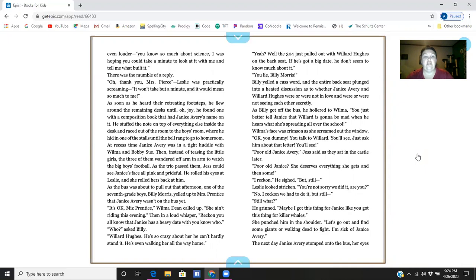At recess time, Janice Avery was in a tight huddle with Wilma and Bobby Sue. Then, instead of teasing the little girls, the three of them wandered off arm in arm to watch the big boys' football. As the trio passed them, Jess could see Janice's face all pink and prideful. He rolled his eyes at Leslie. She rolled hers back at him.